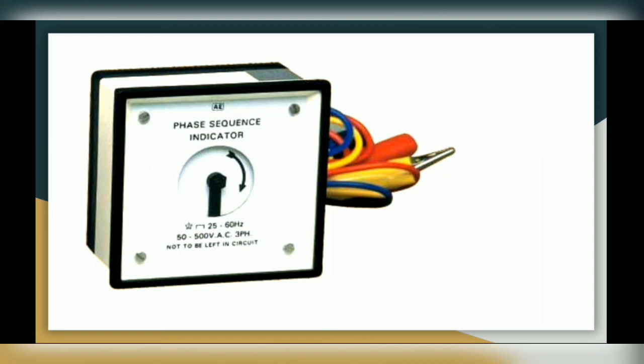In this you can see there is an arrow marked on this. If your connection, that is your phase sequence, is correct, then the disc rotates in the direction of this arrow, and if the phase sequence is incorrect, then it will rotate in anti-clockwise direction.